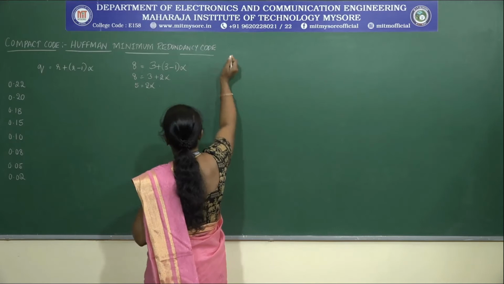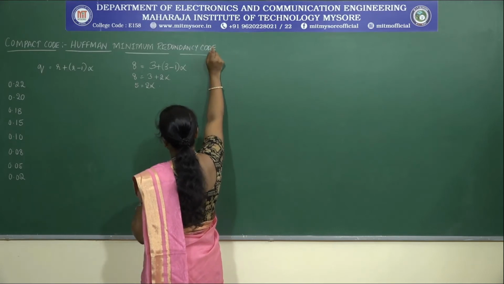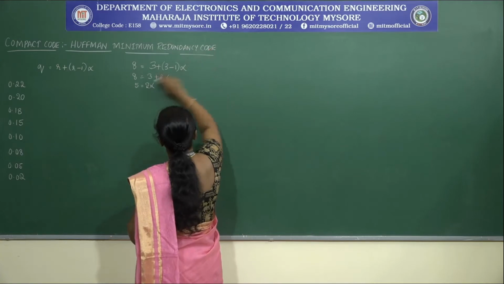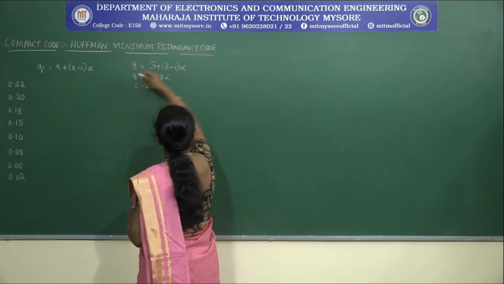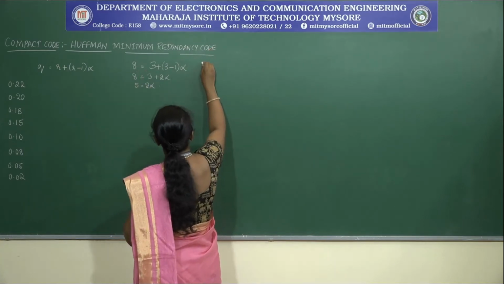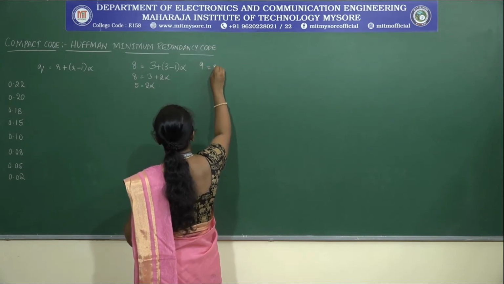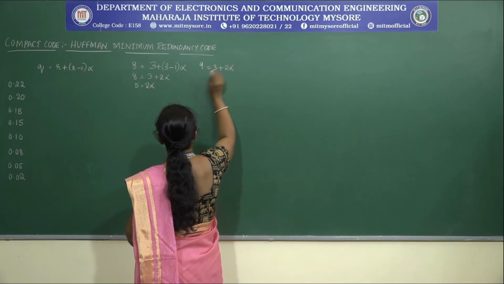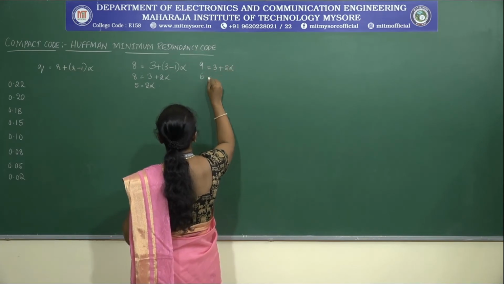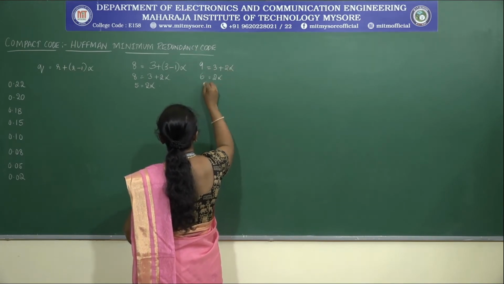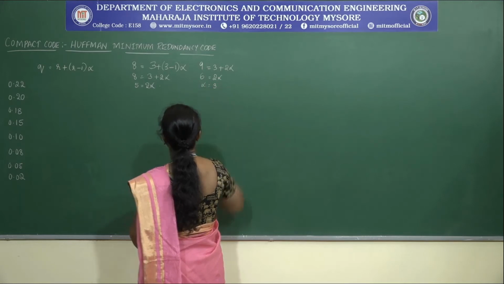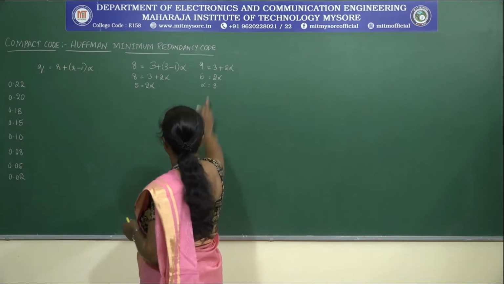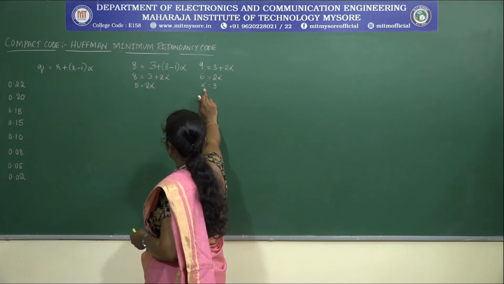So now let us try making the Q value equal to 9. So 9 means it will be 3 plus alpha, so alpha will be equal to 3. That means it is possible for this condition.